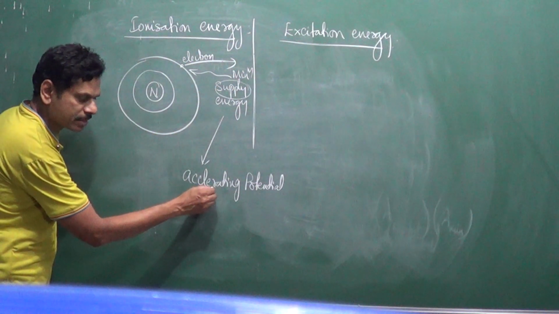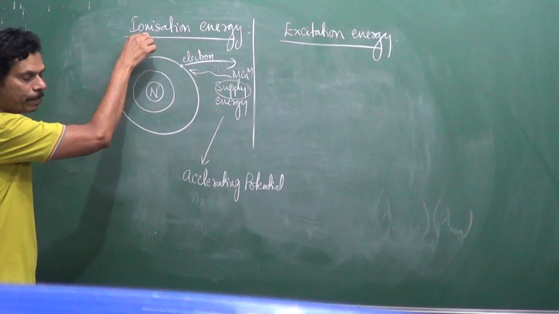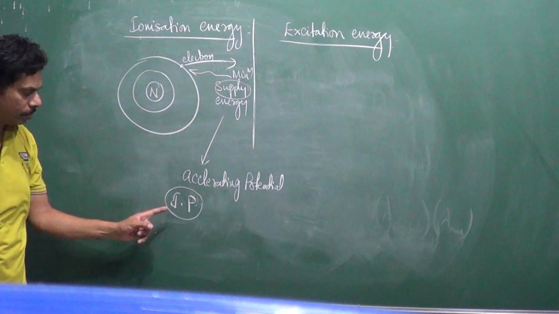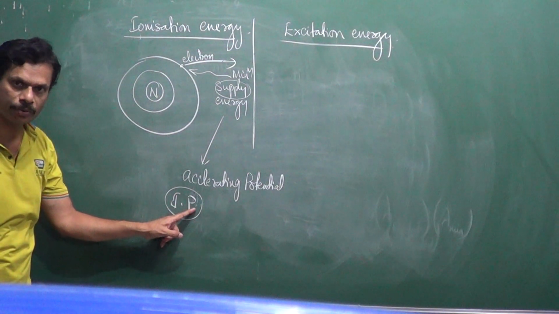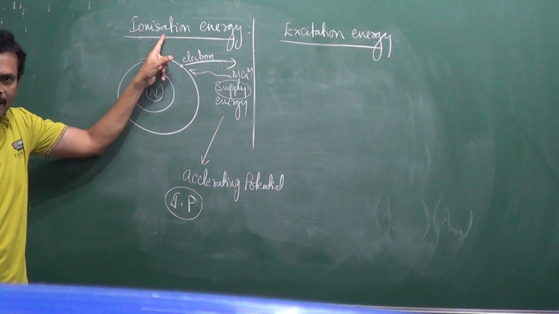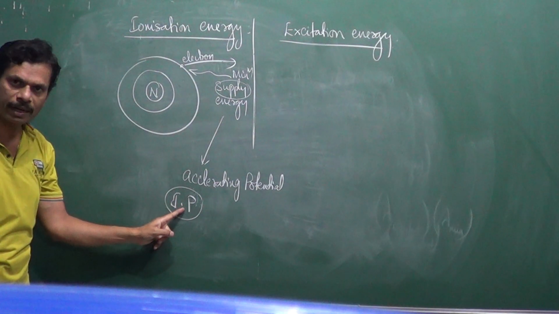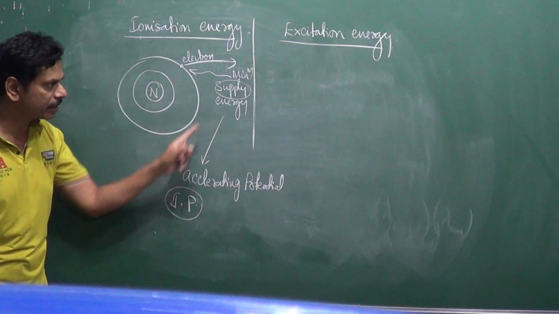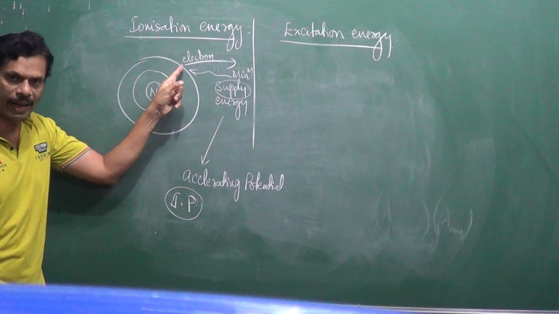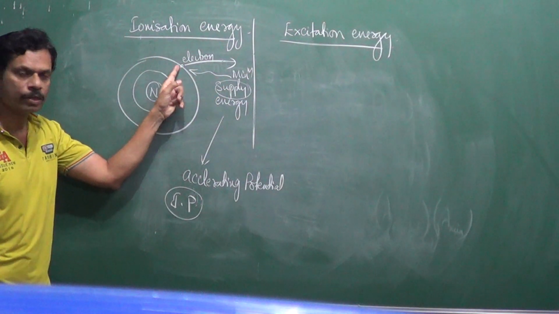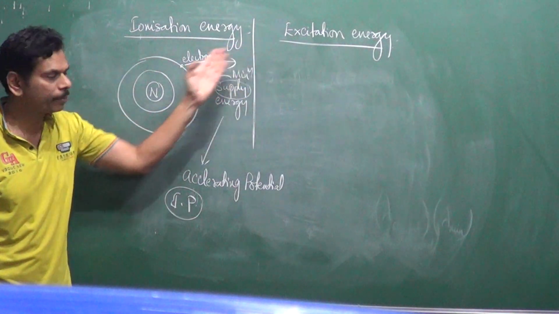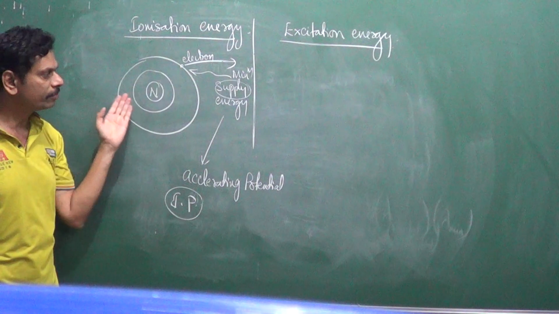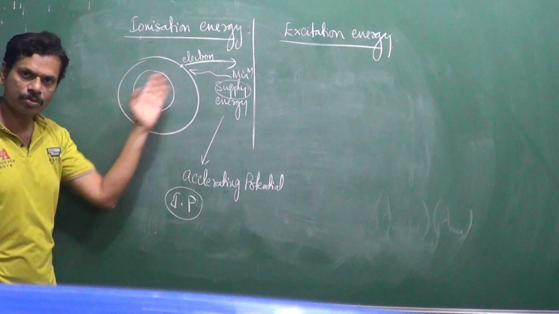Then that accelerating potential is called the ionization potential. One more question: define ionization potential. It is the minimum accelerating potential supplied to an electron in an atom, so that the electron can be removed from its orbit, so that between the removed electron and the nucleus of the atom there is no force of attraction.